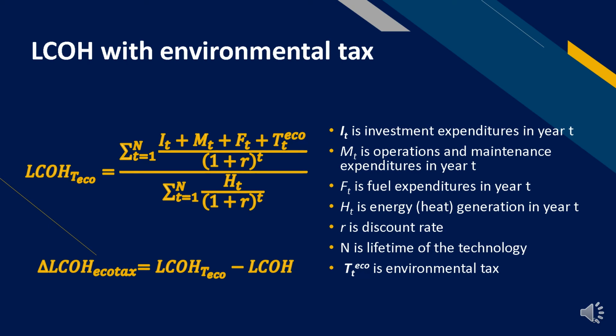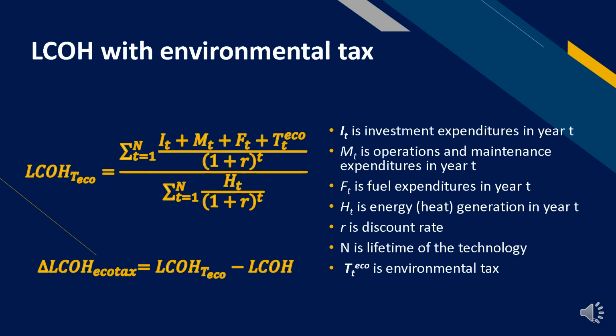The widespread indicators that are often used for cost comparisons for energy and heating generation are the levelized cost of energy, LCOE, and its analog for heating, levelized cost of heating, LCOH.